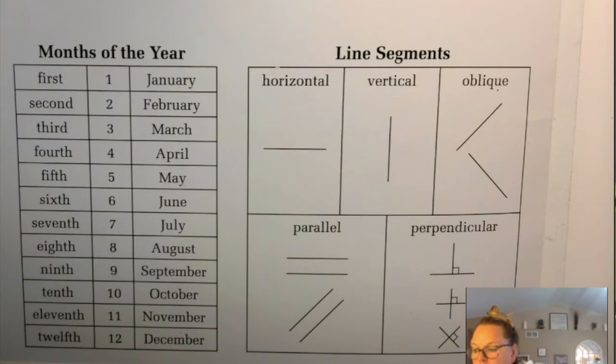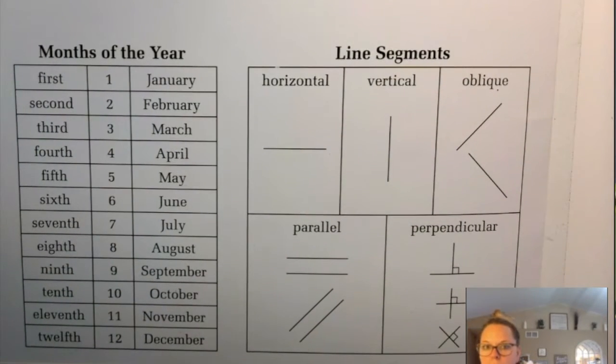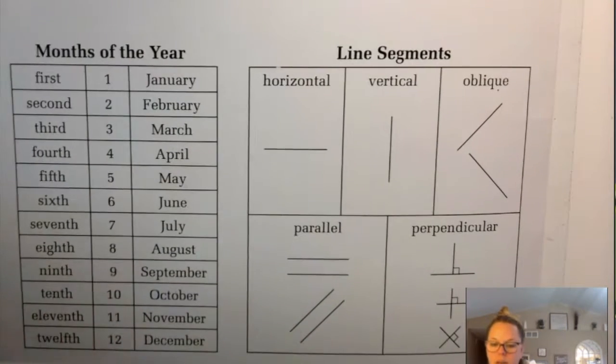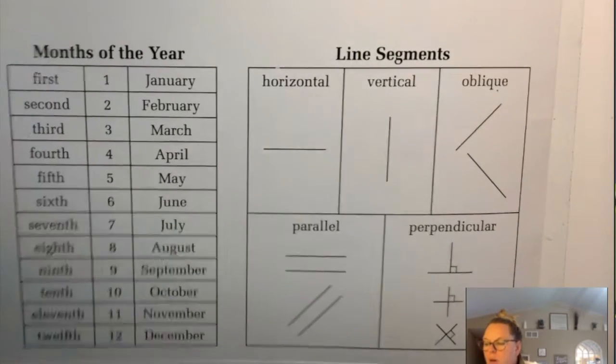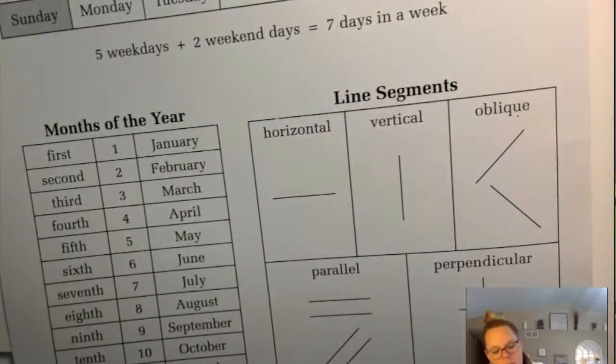So the digit for January would be 1. When I want to talk about writing out September, it's going to be a 9. Let me go ahead and show you exactly what I mean. Make sure that your folder is ready to go because you definitely will want that.